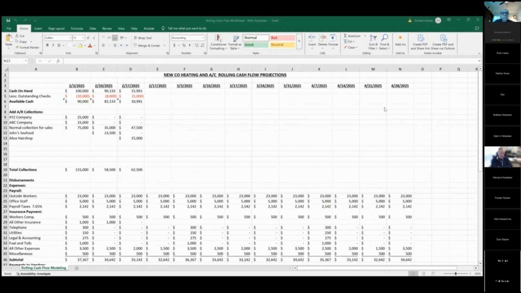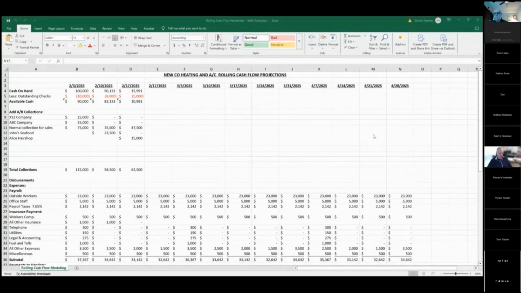It's a 13-week rolling cash flow. You take your cash on hand at the very top. I put down Monday, and I recommend they do these on Mondays because it's the start of the week. Then you look at your big outstanding checks. You don't have to worry about the $10 check you wrote to the paper boy.